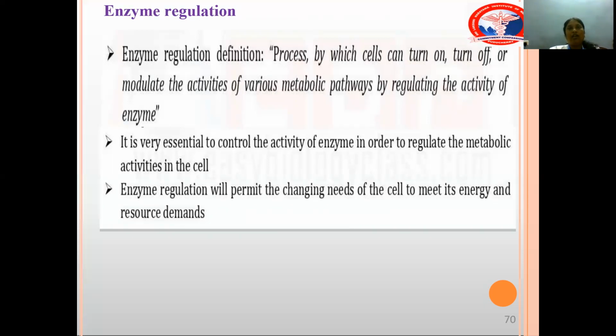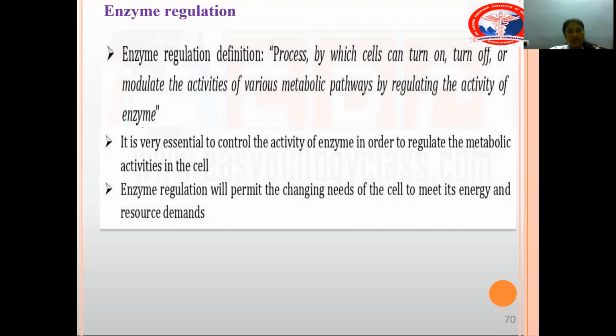Whenever energy is required in a cell, we want glycolysis to happen. Whenever there is adequate energy in a cell, we don't want glycolysis; rather, we want glycogen synthesis. That is, the available glucose will be stored as glycogen for future use. So this is brought about by enzyme regulation.